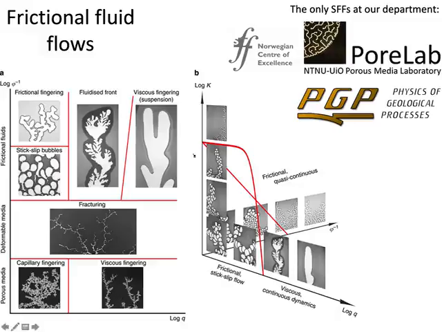So I'm just mentioning this because at our department, the physics department, there have been only 2 centers of excellence in research. There is also a center of excellence in education. And these 2 centers of excellence are in the condensed matter physics section.